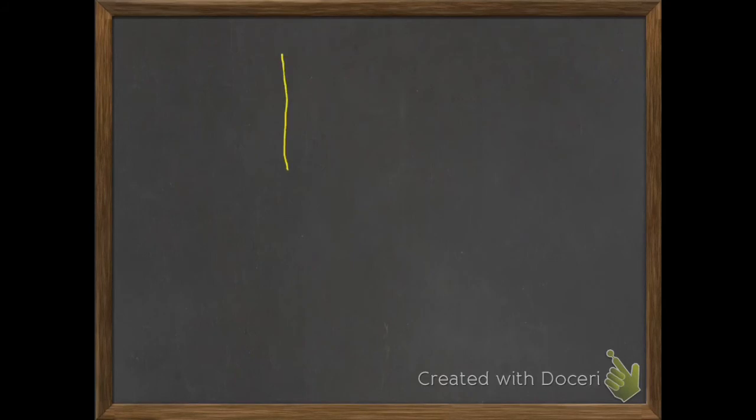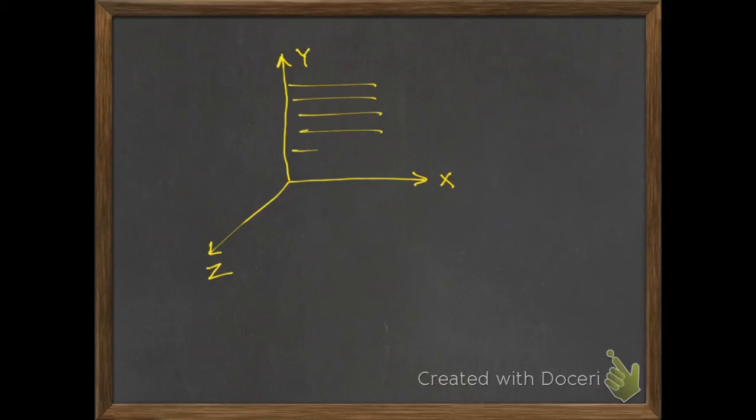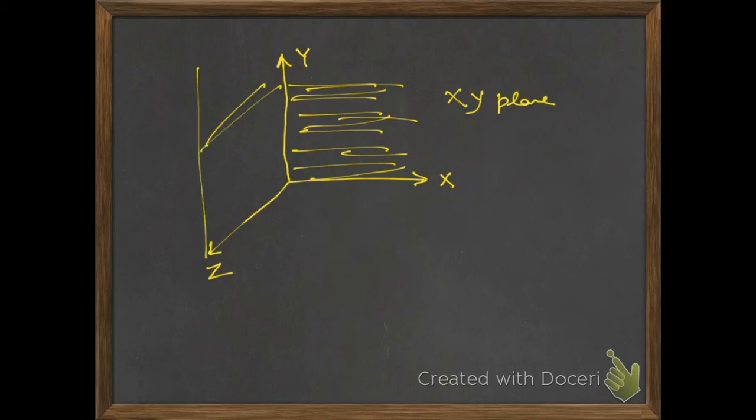So you have the axis, x-axis, y-axis, z-axis. Now the board, this part, this is called as a xy plane. Now this part is called as the yz plane, and this one down is the xz plane.